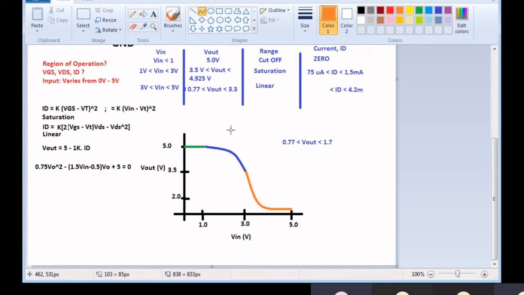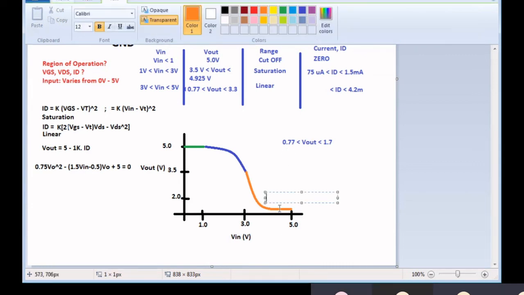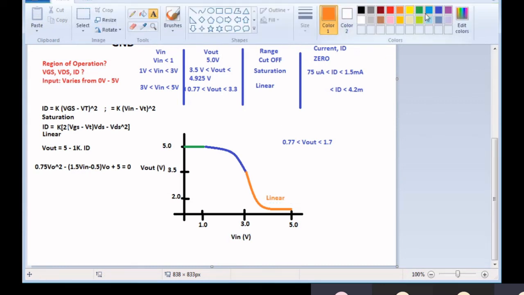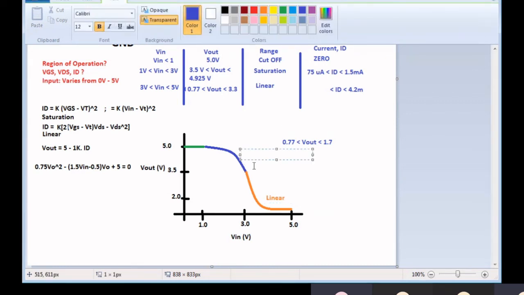So 5 minus 4.925 is 0.075, 75 microampere is what is coming. And then at 3.5 volt, 5 minus 3.5 volt divided by 1K is 1.5 milliamps. Yes, you're getting that right.